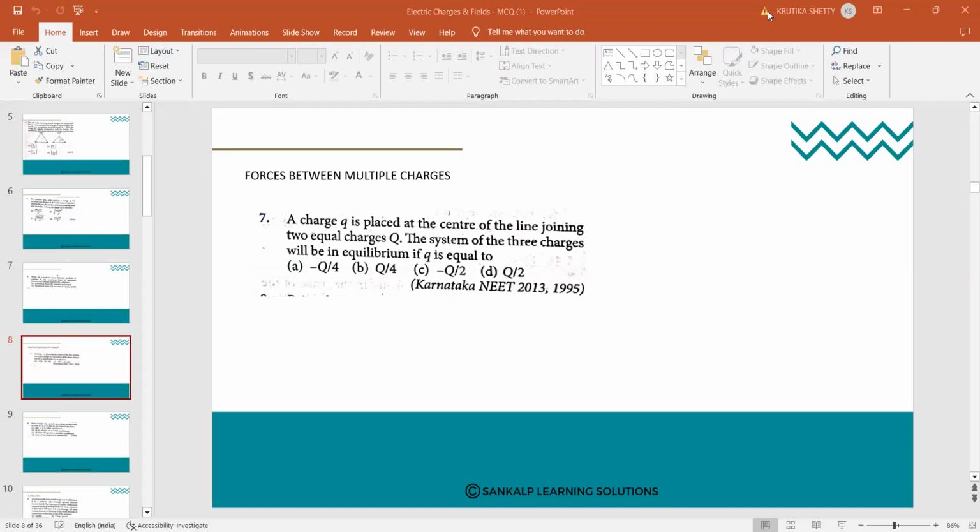So now we are learning it. We are just taking the charge q placed at the center. So I'll name this as AB. And you have the two equal charges at A and B. The system of three charges will be in equilibrium if q is equal to.